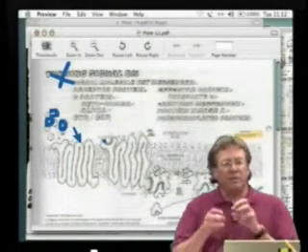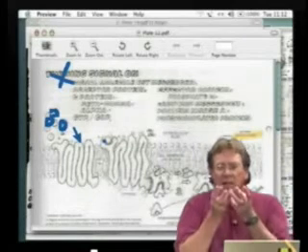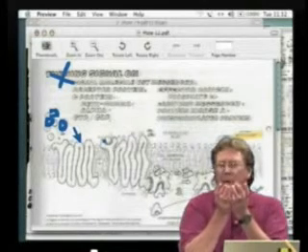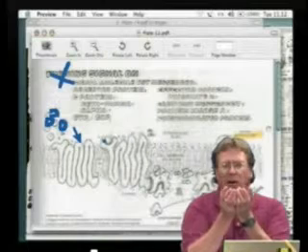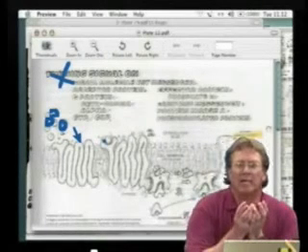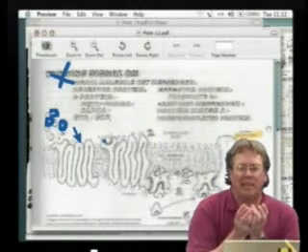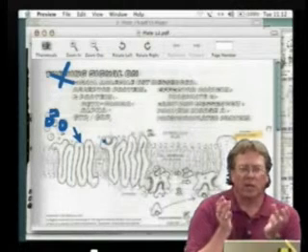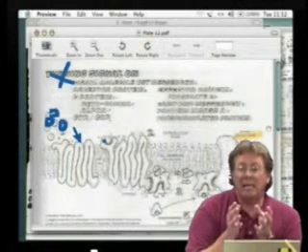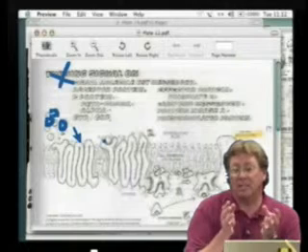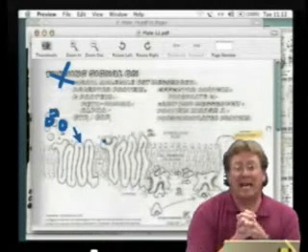Now, G protein kind of sits on the inside of the cell membrane, and it has bound to it GDP. I've talked about energy currency and ATP and ADP, adenosine triphosphate, adenosine diphosphate.